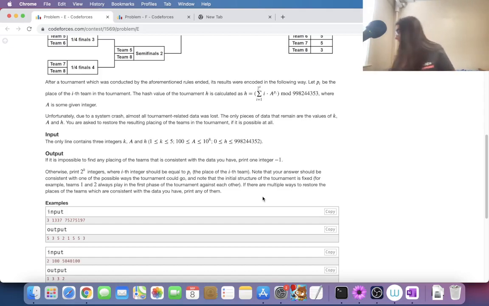If we consider 1 and 2, only one of them wins, the other just dies straight off. Okay, but somehow we have to find something that matches the hash. 2^K is 32. So there are 31 games. Brute forcing that will not work.